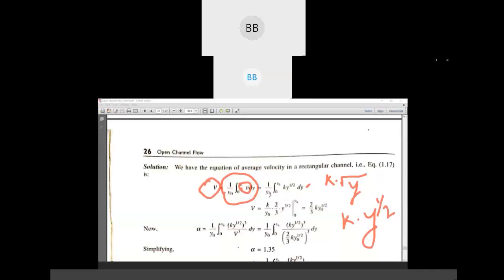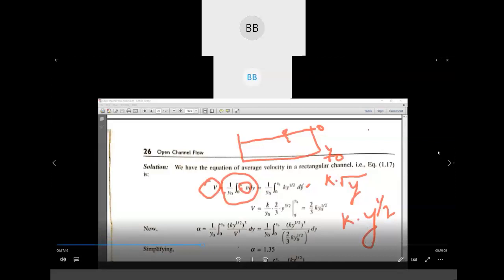The limit is from 0 to y naught. We have already discussed the limit will be from 0 to the depth of flow. As here the depth of flow is given, it is 0 to y naught, where y naught is the maximum depth. So now you integrate with respect to y. k will be a constant term, so it will come out.